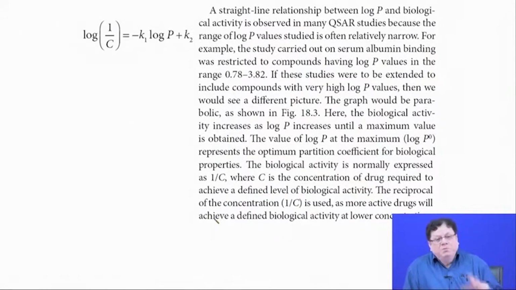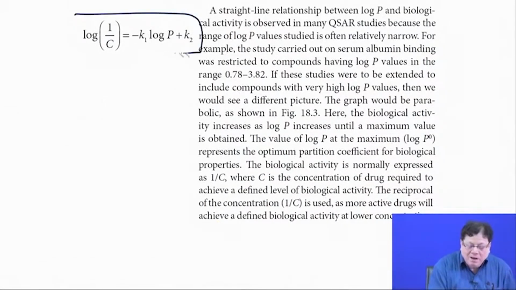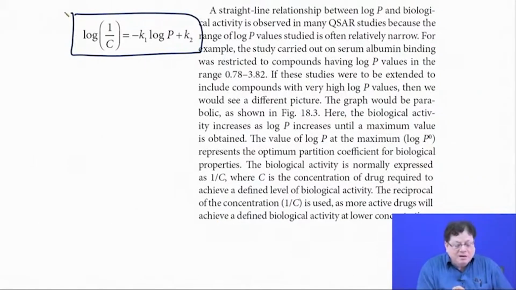Now, people started taking drugs belonging to the same class and then determining the partition coefficient. They then equated this with log 1 by C, which I told you is the biological activity.